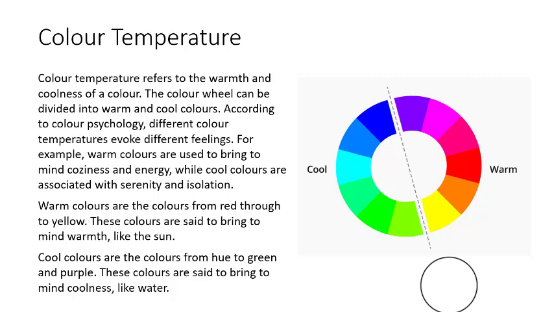You can see the example there. The color is divided into two. Then we have this first part, which is cool, then the other part is warm. So use this to evoke different feelings. So that's why I said earlier on that color is one of the keys to good graphic design.